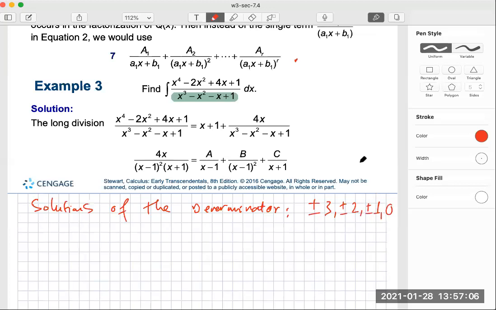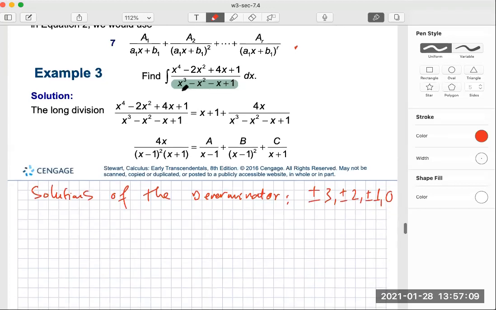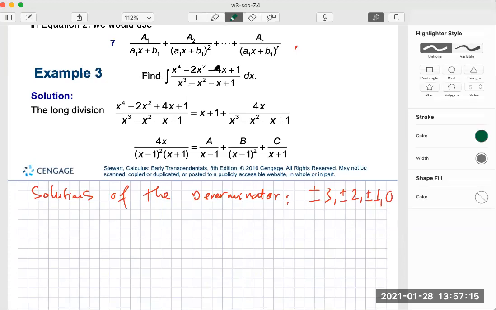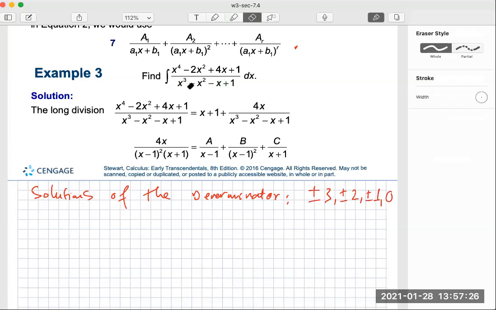The beauty of this is, for example, let us try if 0 is a solution of the denominator. Is 0 a solution? No, when we replace x with 0, the first terms here will be 0, and 0 plus 1 is not equal to 0, so 0 is not a solution of this guy.